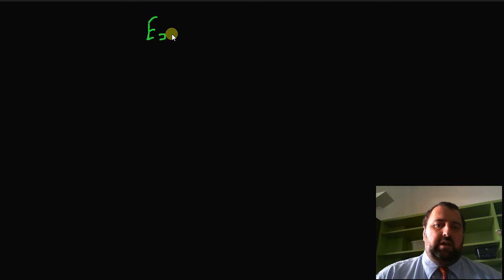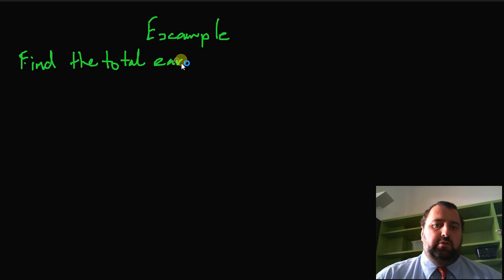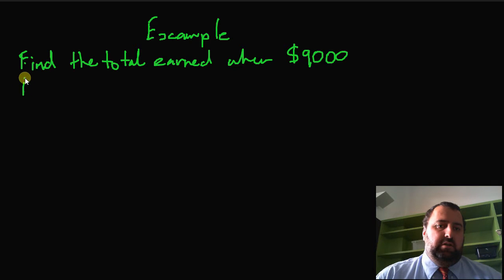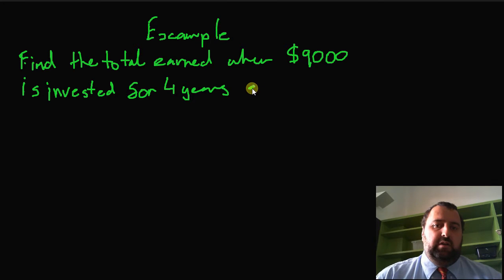So example, find the total earned when $9,000 is invested for 4 years at 7%.